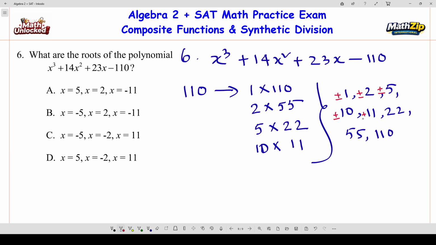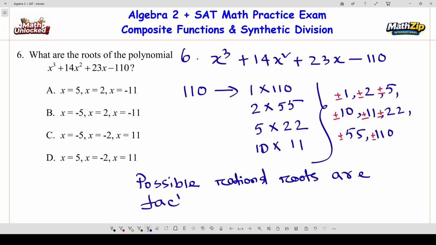All are possible factors. So the possible rational roots are factors of 110.